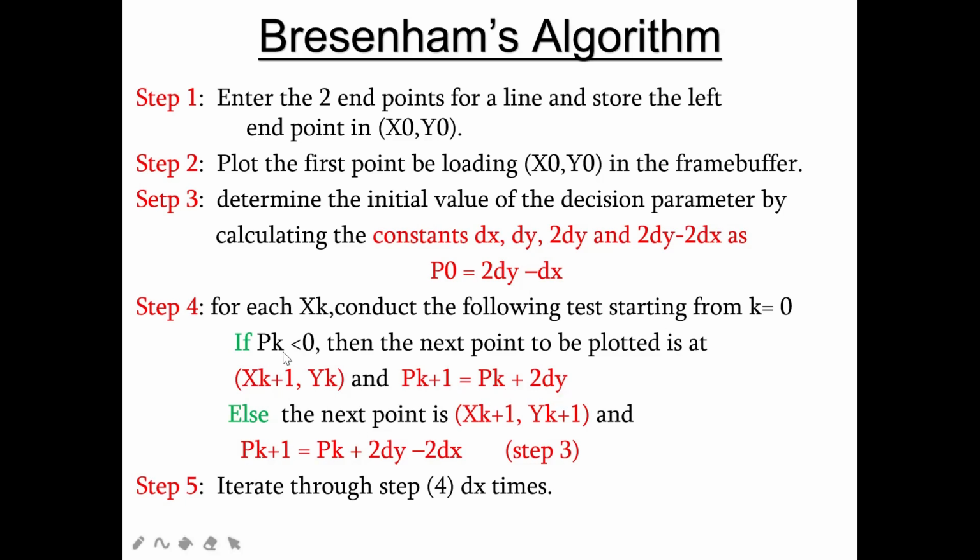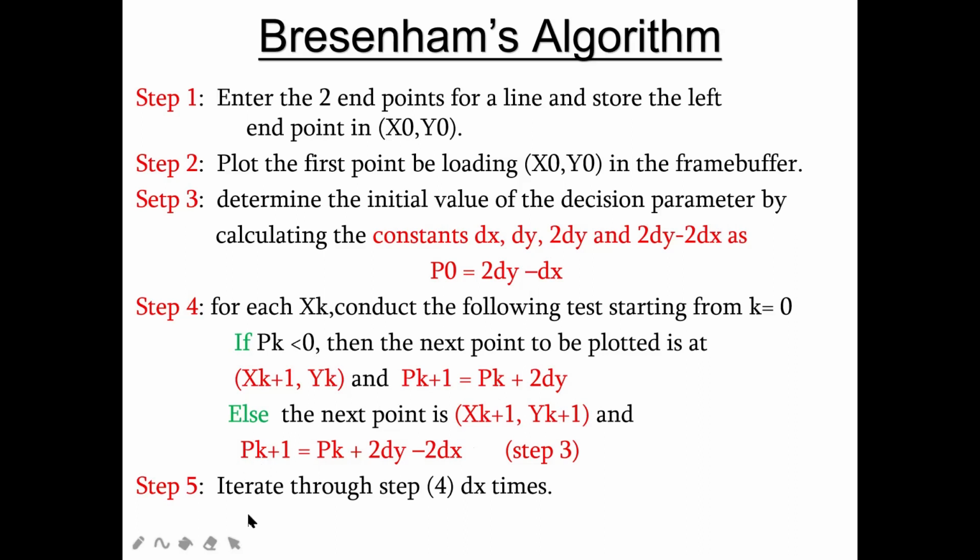So if the pk value is less than 0, then from whatever value you initiated at the beginning, you have to increase the x value and keep the y value constant. This is the formula for calculating your next pk value. Suppose your pk value is greater than 0, then your next point will increase both the x and y coordinates, and this will be your pk plus 1 value.